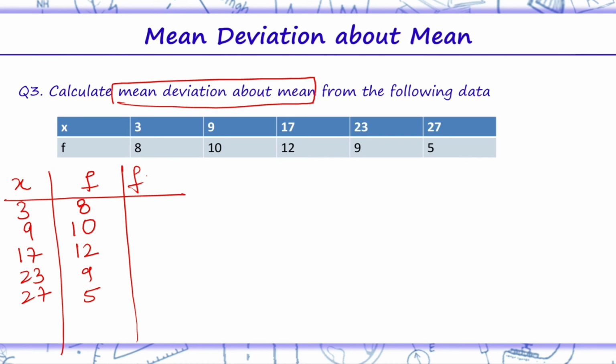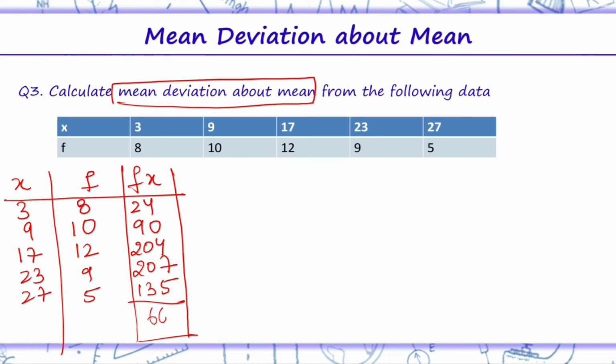First we have to find fx, because we have to calculate the mean. For fx we'll do 3 into 8, 24, 9 into 10, 90, 17 into 12, 204, 23 into 9, 207, 27 into 5, 135. Its summation is 660. Summation of f is 44.